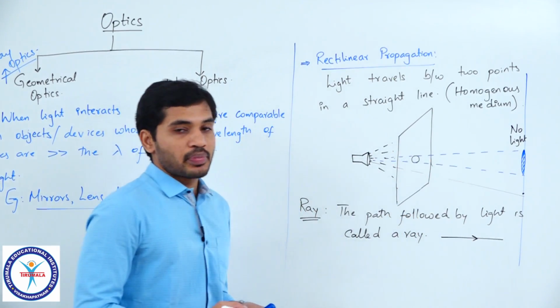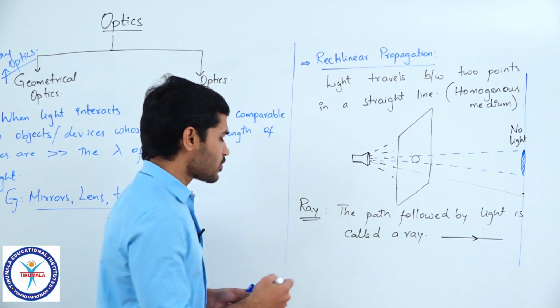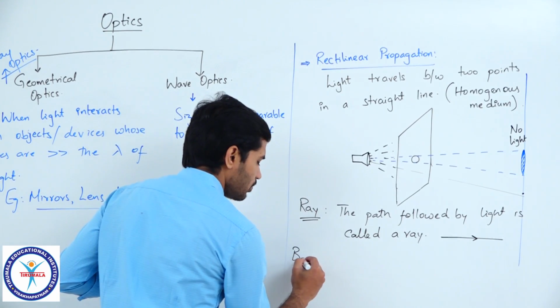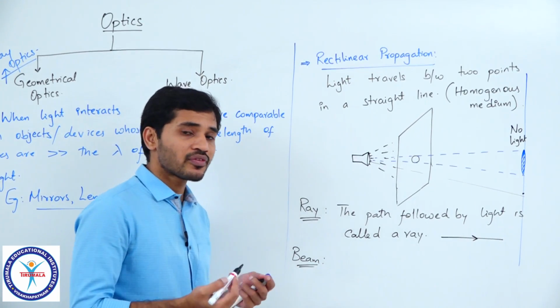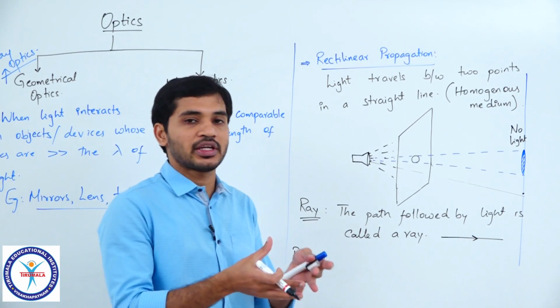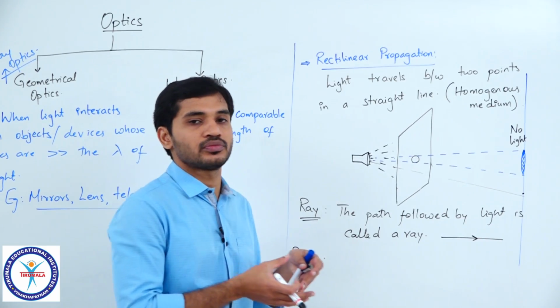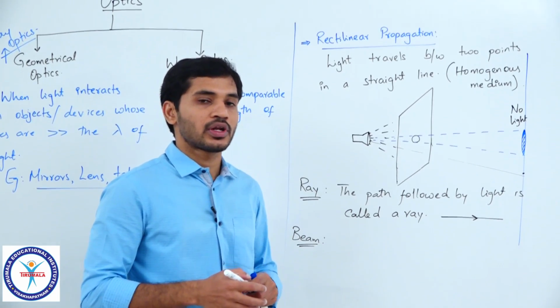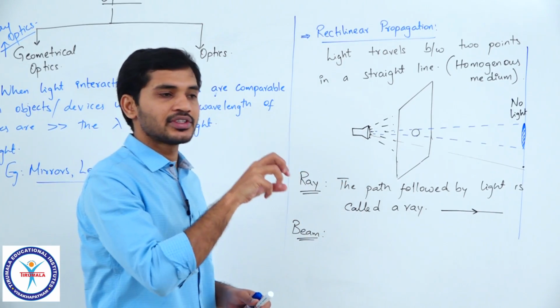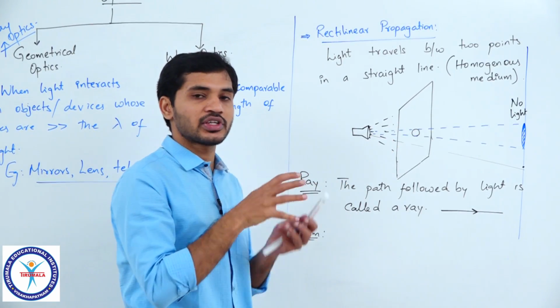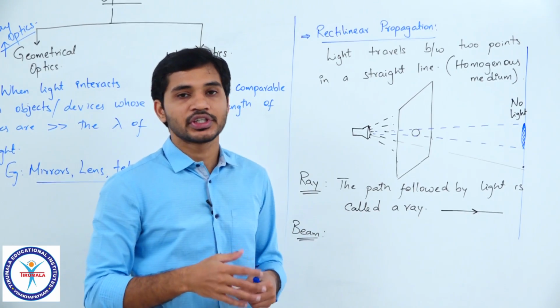So, that represents the path followed by light, and sometimes we will be using this term called beam of light. A beam of light is nothing but a group of many rays. A large number of rays moving together is what we call a beam. So, we can say that here as the torch emits light, it basically emits a beam of light, because there are many light rays which are originating from the source.